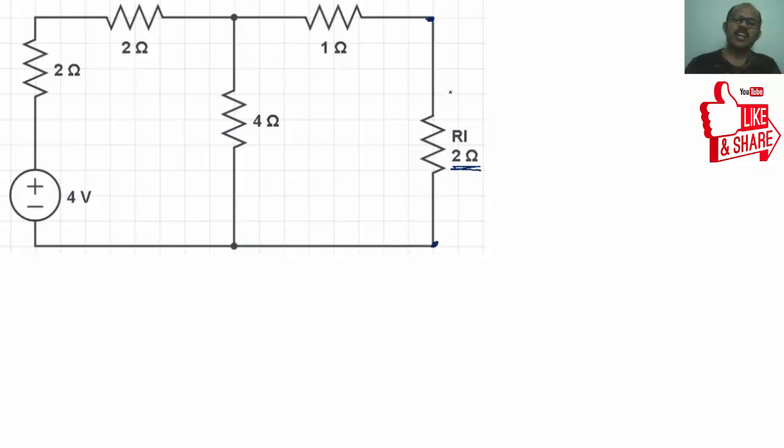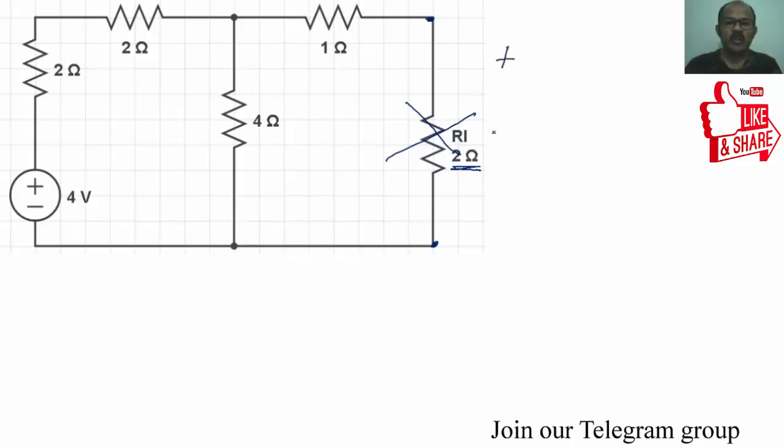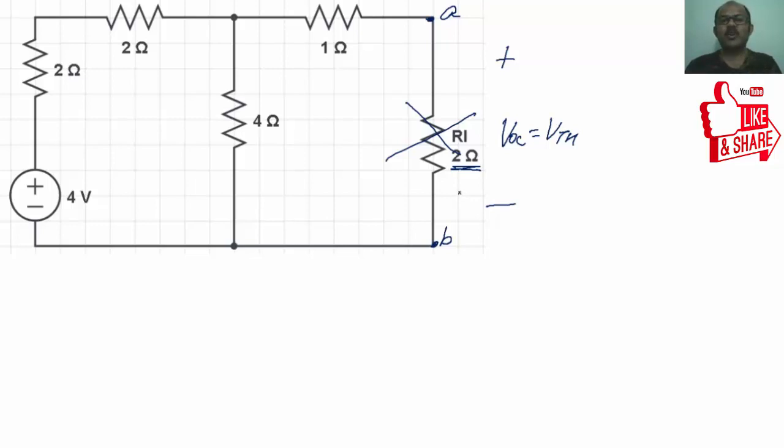First step is you have to remove the load impedance and calculate the open circuit voltage, nothing but VOC or VTH, across terminals A and B. Whatever impedance they have given across A and B, just remove it and calculate the open circuit voltage, that is VOC.